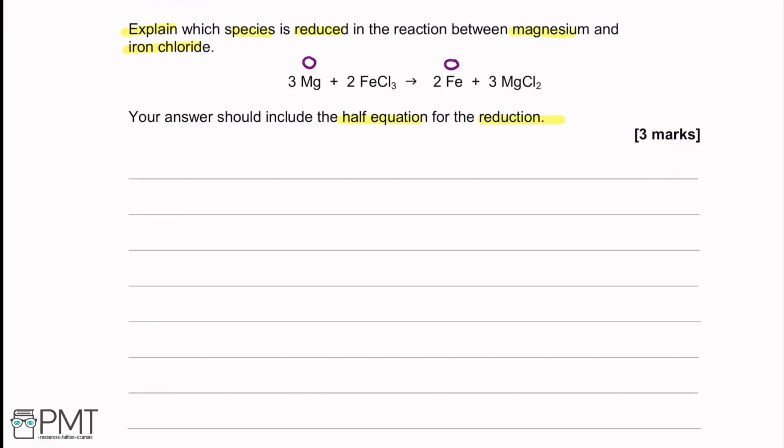Now, Cl is in group 7, so it will have a -1 charge in both. Magnesium is in group 2, so it'll have a 2+ or a +2 charge. And that makes sense because the overall compound has to have a net charge of 0. So +2, -2, because there's 2 -1s, gets us 0.